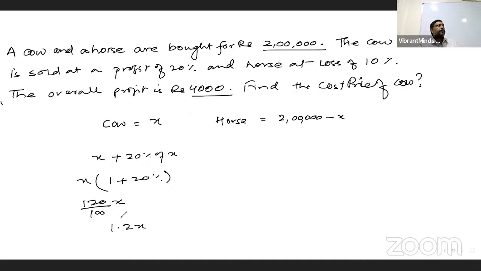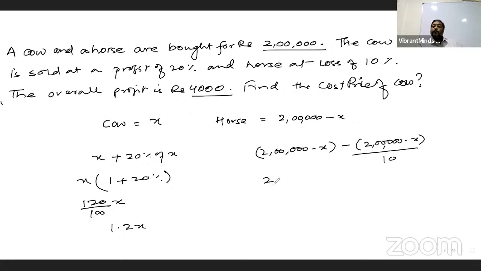Clear? Horse is getting a loss of 10%. So that means 2 lakh minus X, minus 2 lakh minus X by 10. So this will be how much? We take LCM out of here.